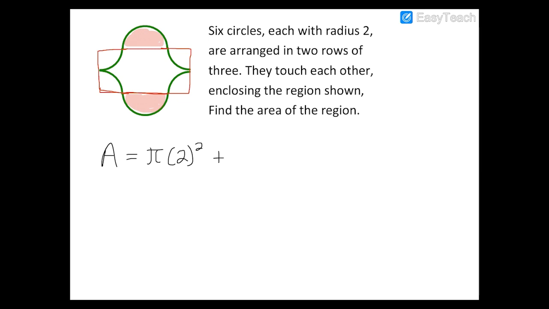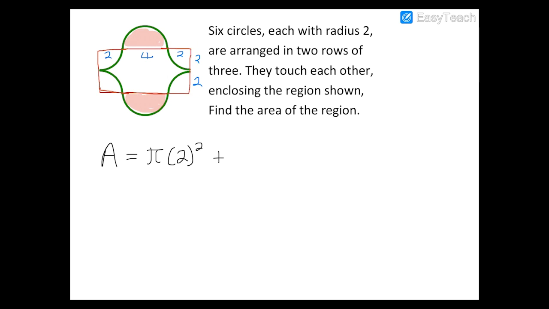That means this area here will have 4 units because it's a diameter 4, and that will be 2 because that's a radius, and that will be 2. This area here will also be 2. Now we have a rectangle of side 4 plus 2 plus 2, which is 8, and the other side is 4, which is 2 plus 2.